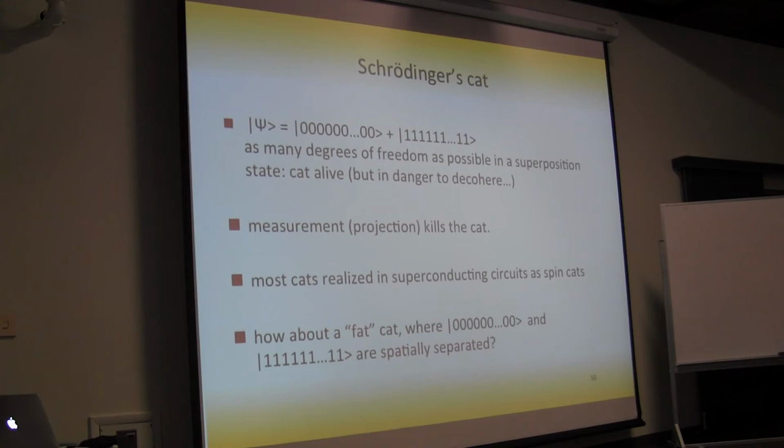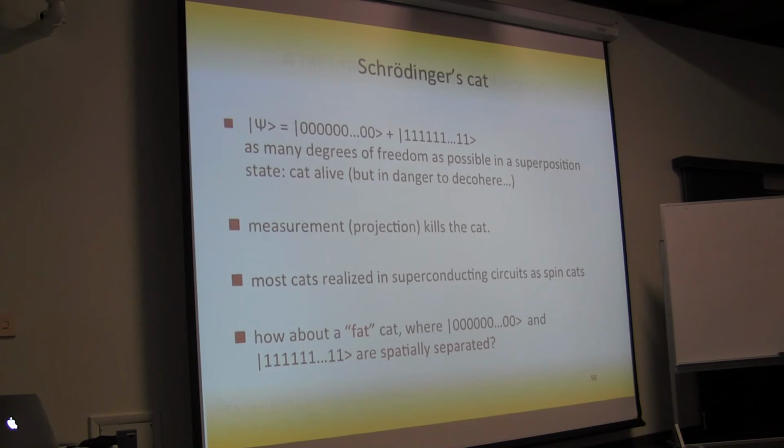But this is very susceptible to any kind of decoherence and destruction. And most of these cat states are therefore realized in superconducting circuits as spin states. So these quantum numbers are just spin states. They are not spatial, because spatial is very difficult.